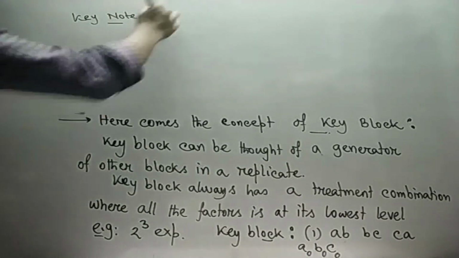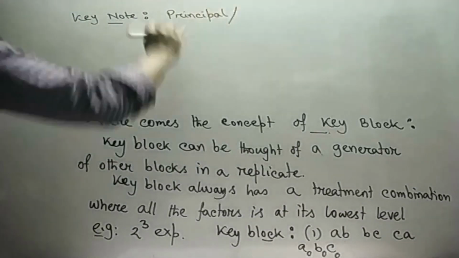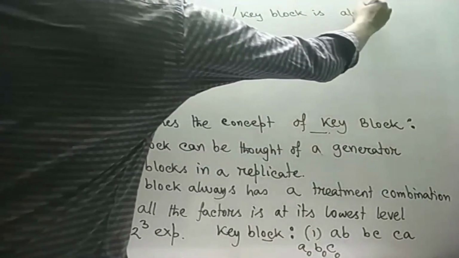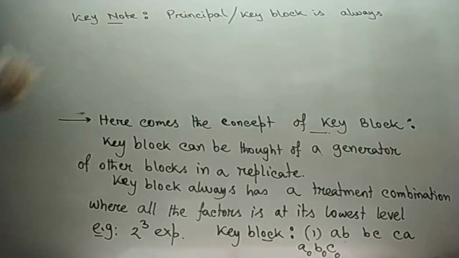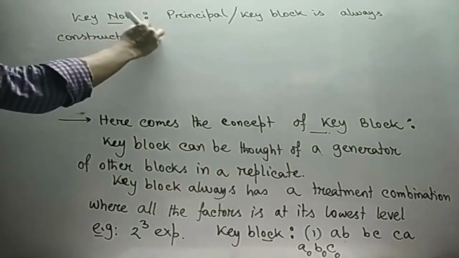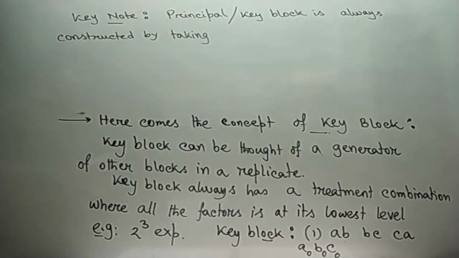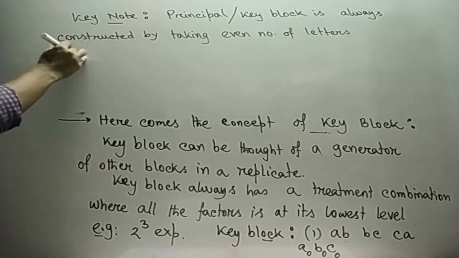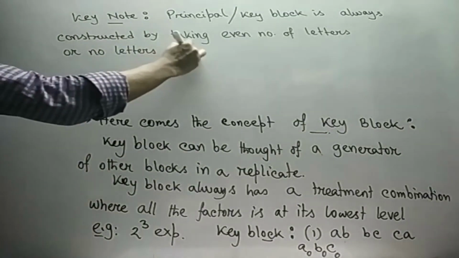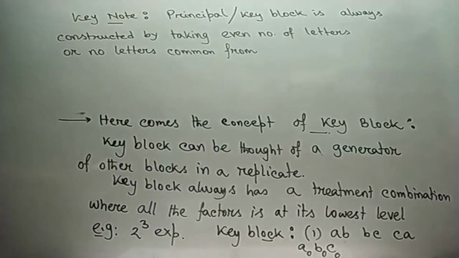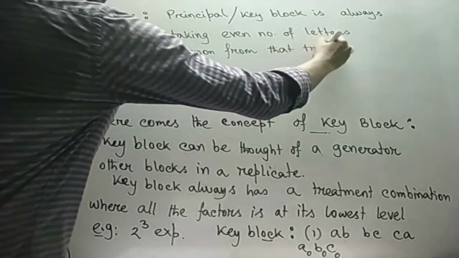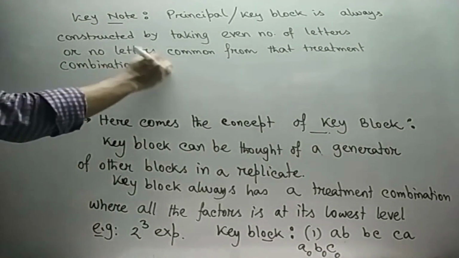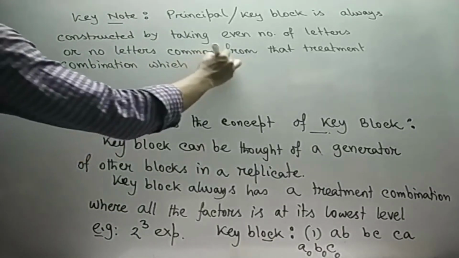The key block principle: the key block is always constructed by taking an even number of letters or no letters common from that treatment combination which we want to confound.